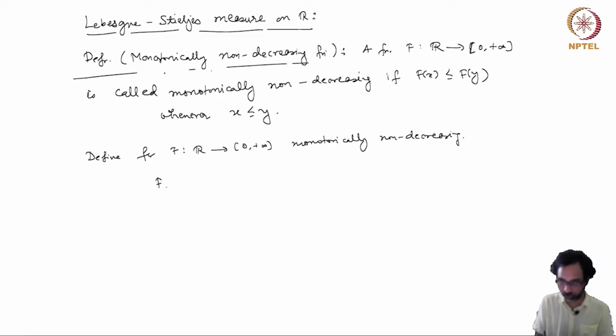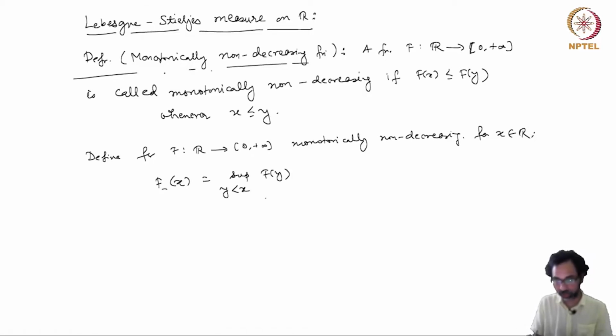So define, for a monotonically non-decreasing function f, the following two quantities. For x in R, we define f minus of x to be the supremum of values f(y) where y is strictly less than x, and f plus of x is the infimum of values f(y) where y is greater than x.